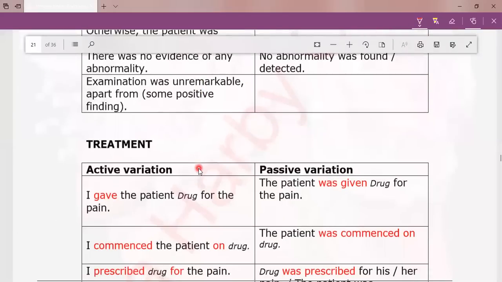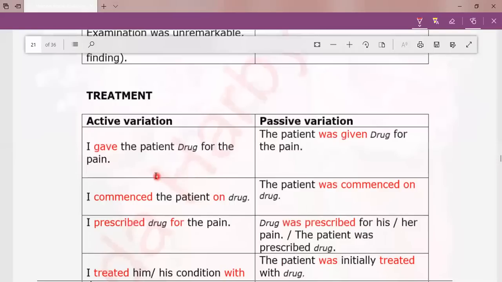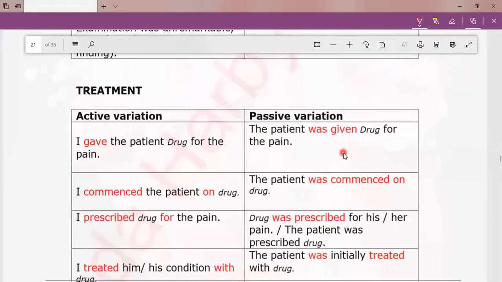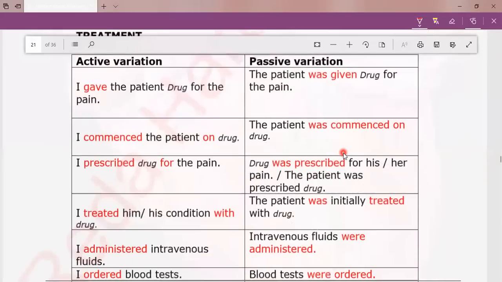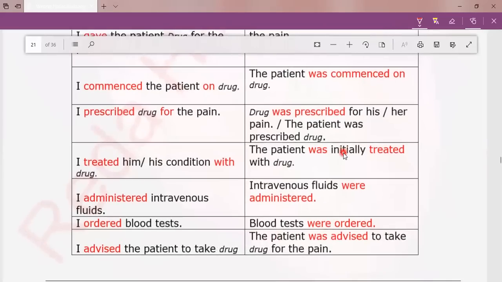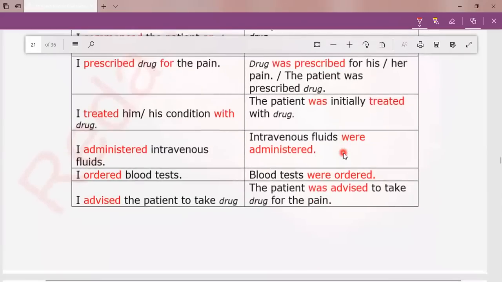I gave the patient, this is not right. The patient was given. The patient was commenced on drug for the disease. The patient was prescribed the drug for this. The patient was initially treated with. IV fluids were given or were administered. Blood tests were ordered. The passive.